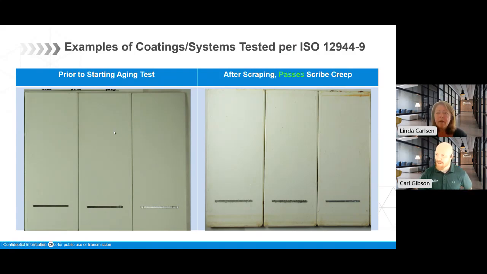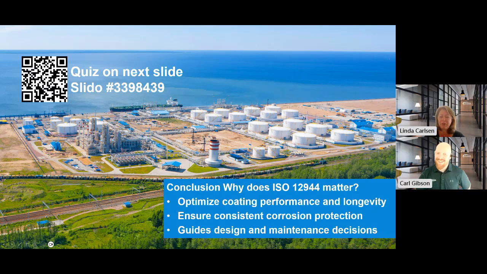This is what they looked like before they went into test. This is what they look like when they came out, even with the scratching back to look for corrosion, and there was zero on them, even after 25 cycles. So that was pretty impressive. Amazing. Makes me happy just to look at it.